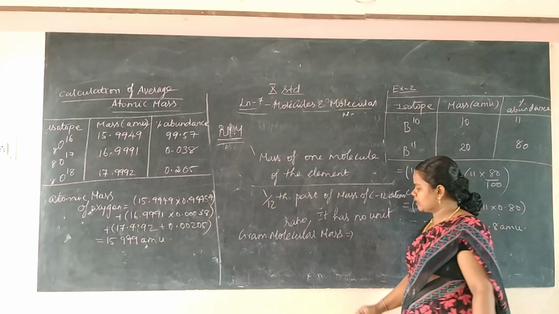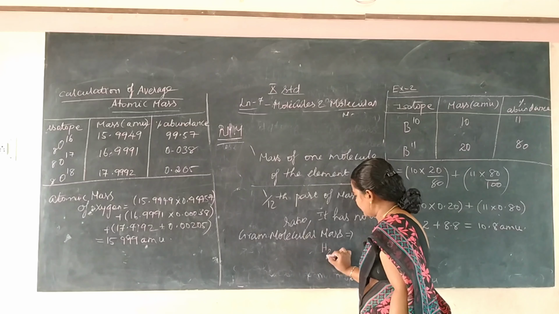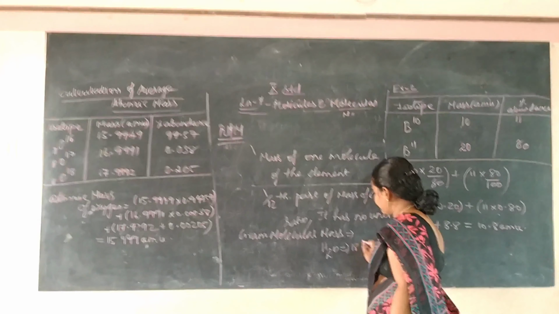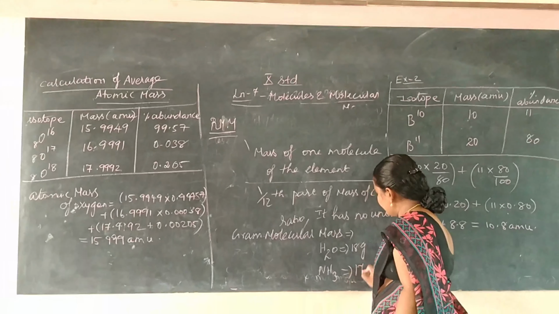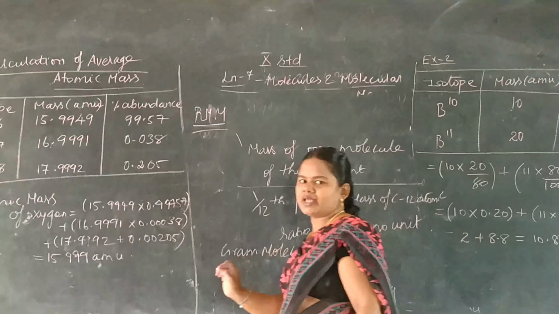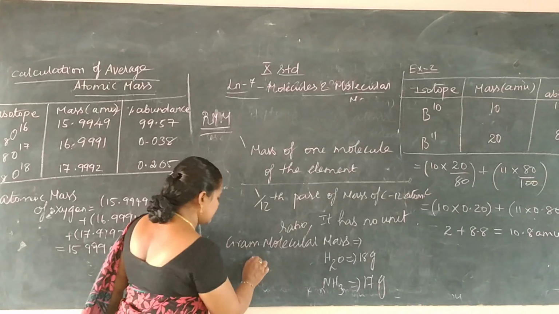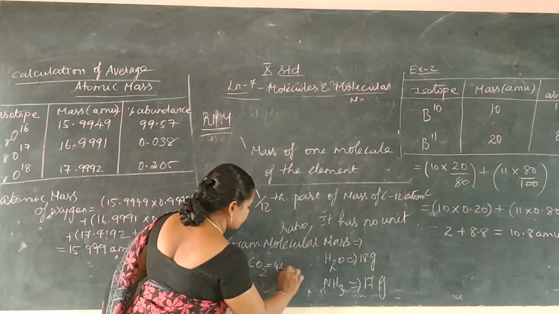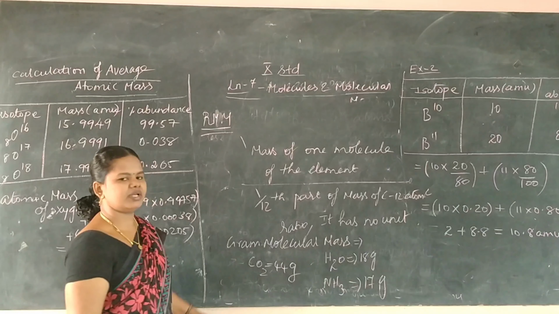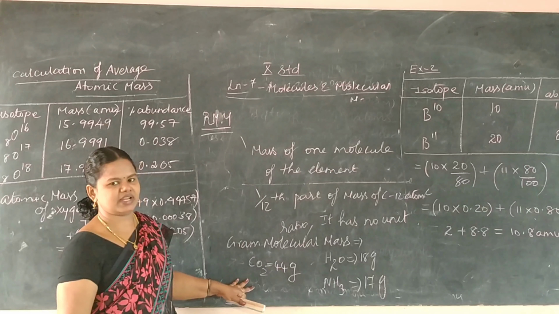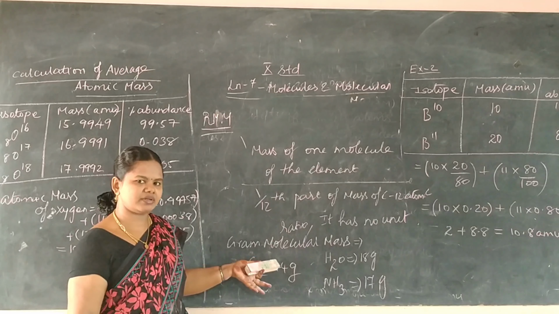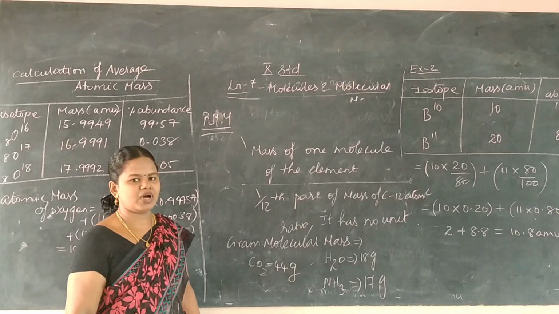For example, the gram molecular mass of water is 18 gram, of ammonia it is 17 gram, and of carbon dioxide, CO2, it is 44 gram.